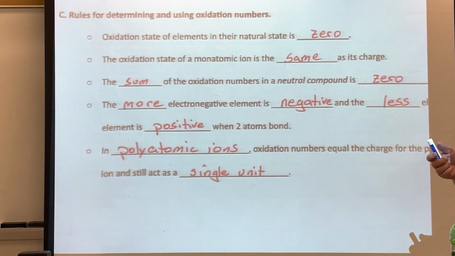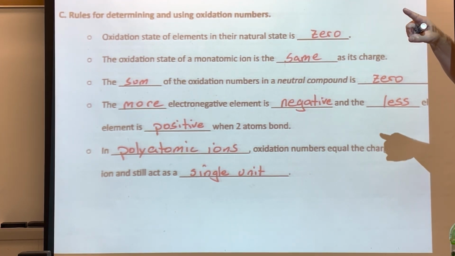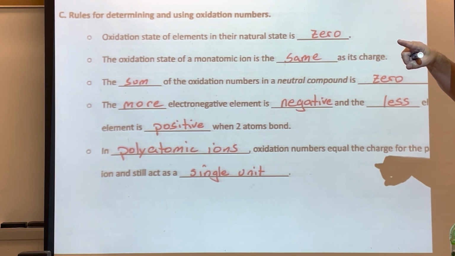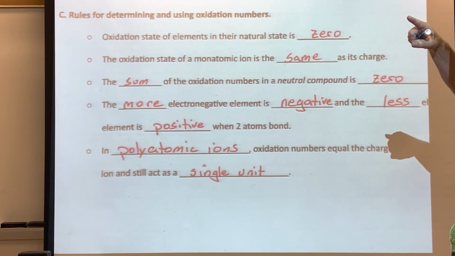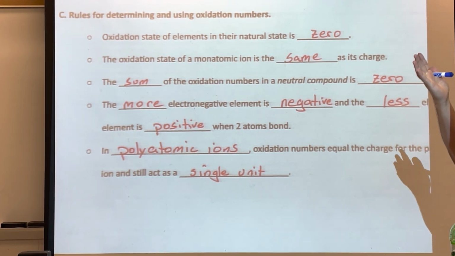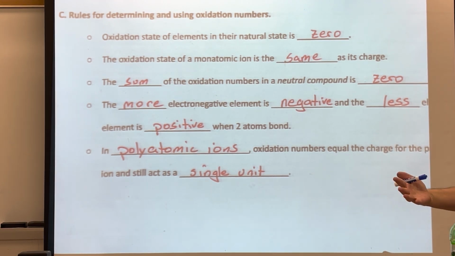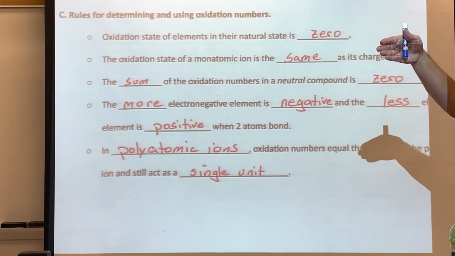It wants to be -1, but when it combines with oxygen, oxygen's more electronegative, so oxygen's negative, chlorine's forced to be positive. That's why those nonmetals can have a positive oxidation state. It's almost always when they combine with oxygen. When they combine with anything else, they're the more electronegative one, they're going to be negative, -3, -2, -1.